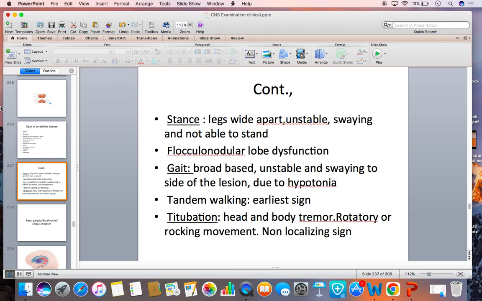In that way, there are ascending fibers from the spinal cord to the cerebellum in the form of the spinocerebellar pathways.